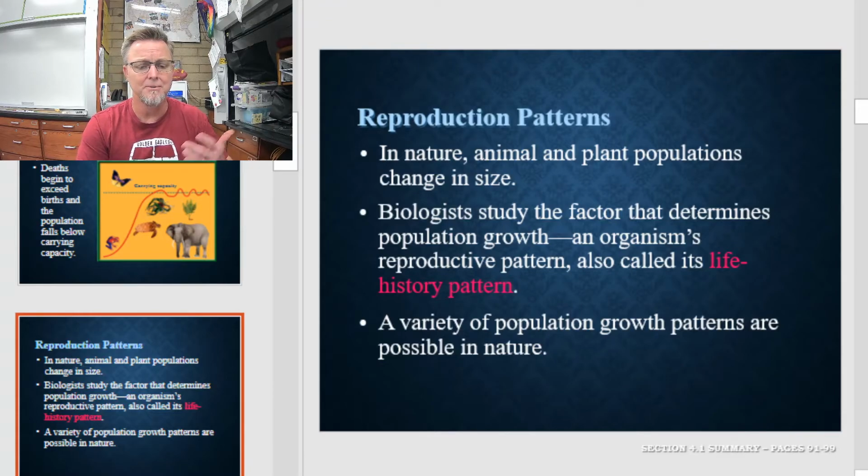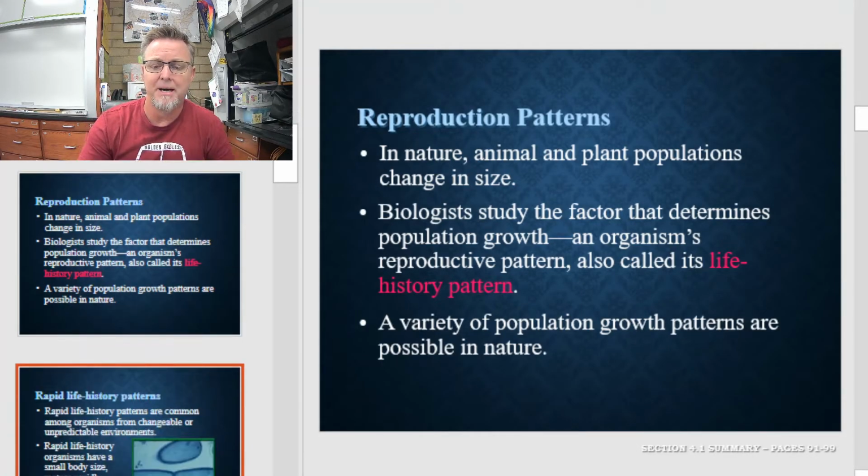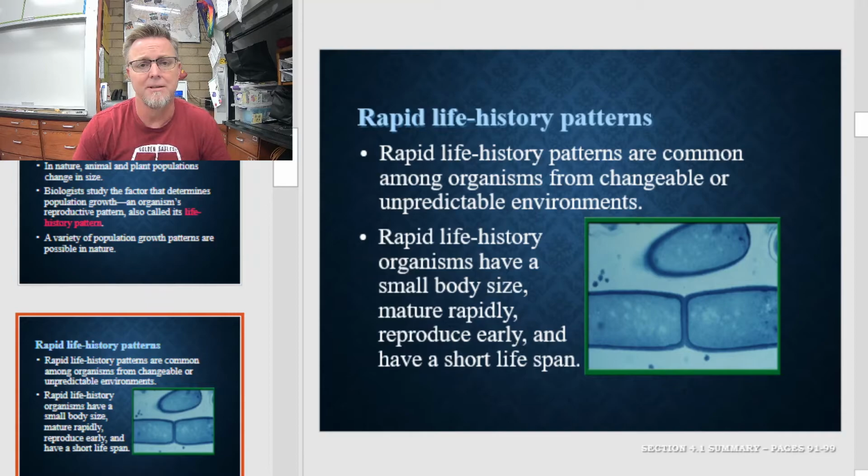Next thing we want to look at in terms of population growth is a population's reproduction patterns. In nature, we know that animal and plant populations change in size. The way they change in size is sometimes referred to as their life history pattern or their reproductive pattern. And there's two reproductive patterns that I really want you to focus on in this chapter: a rapid life history pattern and a slow life history pattern. The rapid life history patterns are common amongst organisms from highly variable, highly changeable, highly unpredictable environments.